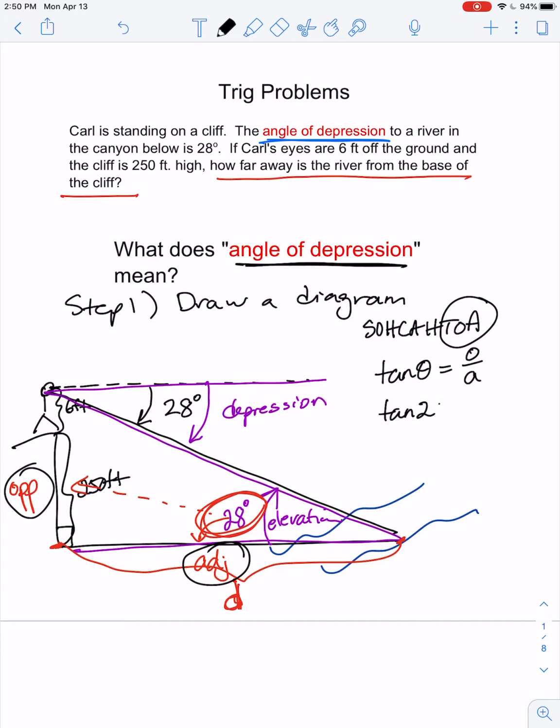Tan of 28 degrees equals opposite, which we know to be 256 feet. It's the entire distance. So you've got the 250 feet from the cliff, and then you've got the extra 6 feet for Carl's height. And so that's 256 divided by the adjacent, which we're calling D for distance.